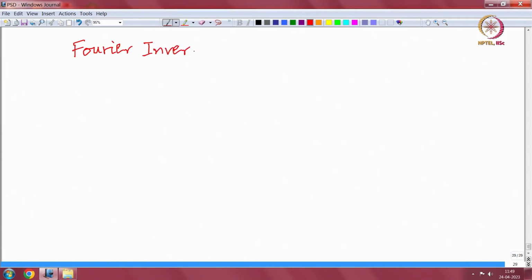In the previous class I gave a heuristic argument for how this formula looks, and today we will try to prove it in a rigorous manner. So, let me first state the theorem.